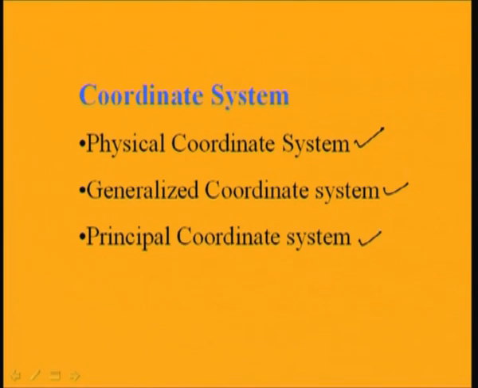In case of generalized coordinates, you are taking a set of coordinates which are the minimum number of coordinates required to express the motion of the system, and in case of a principal coordinate system you are taking a coordinate system in such a way that the mass matrix and stiffness matrix are uncoupled.